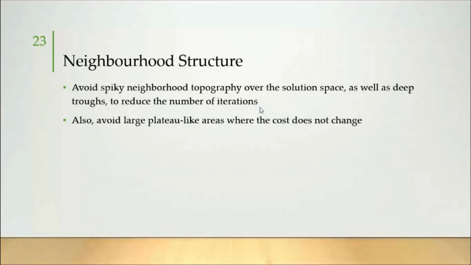That sort of neighborhood you should avoid, but we might not be able to understand the different types of neighborhood topography when we apply it to a specific problem at first. So what we should do is keep the neighborhood structure simple enough to generate. That is the first thing to keep in mind while considering this simulated annealing.